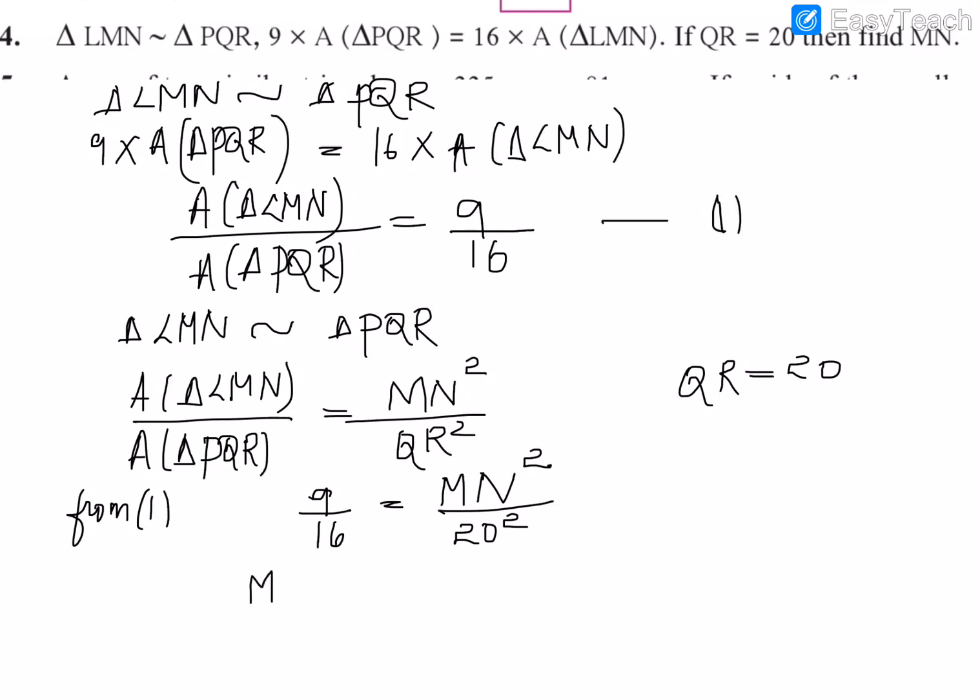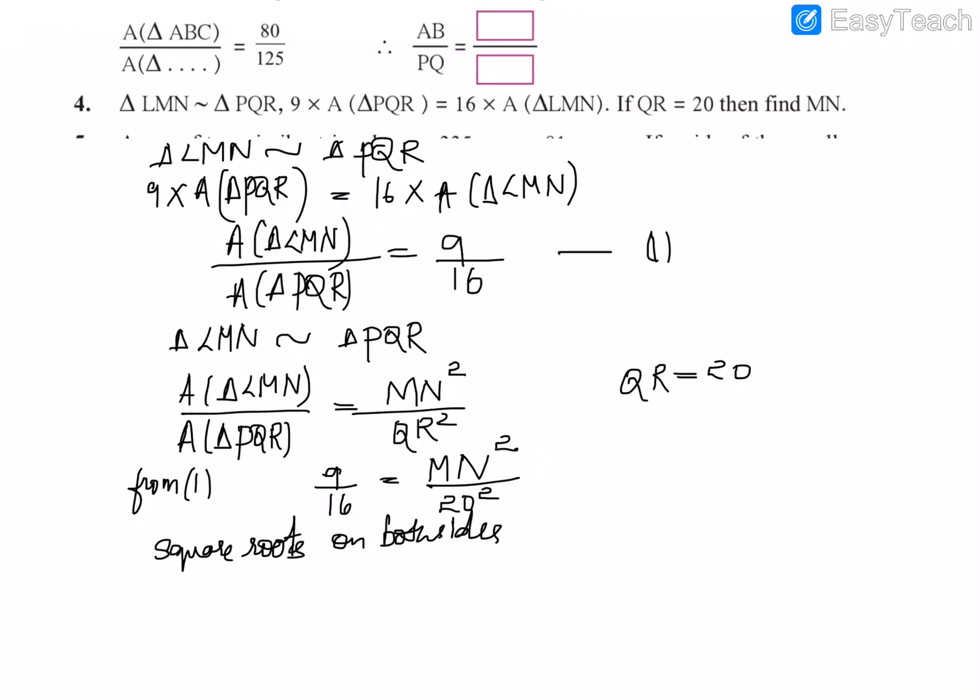Now we can cross multiply. But before cross multiplying, since a square is there, we can take square roots on both sides so that the squares get cancelled. Taking square roots on both sides, the equation becomes square root of 9 by 16 is equal to MN by 20.